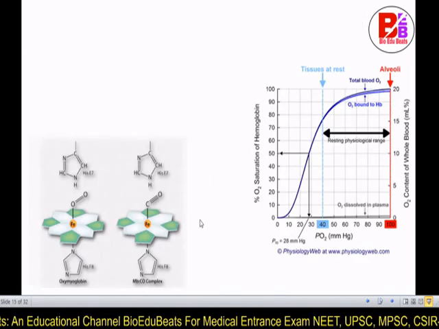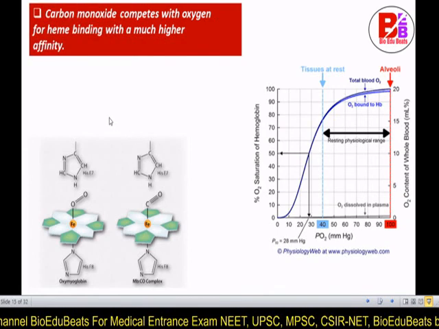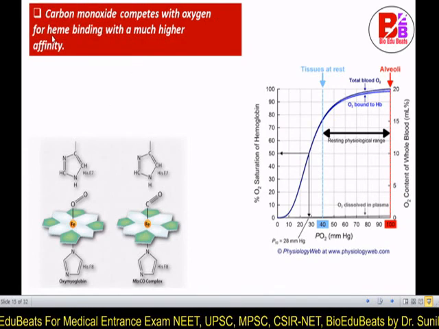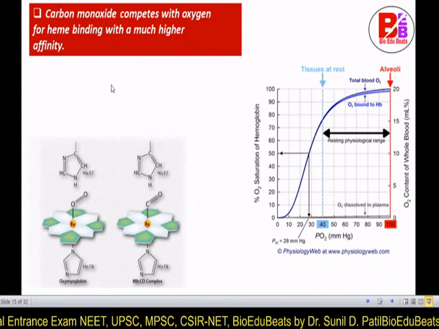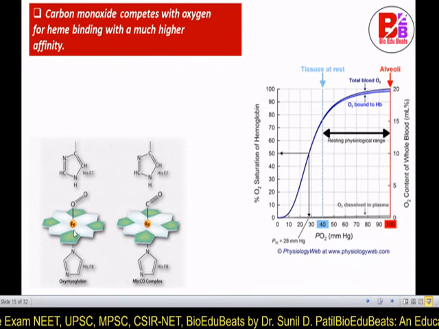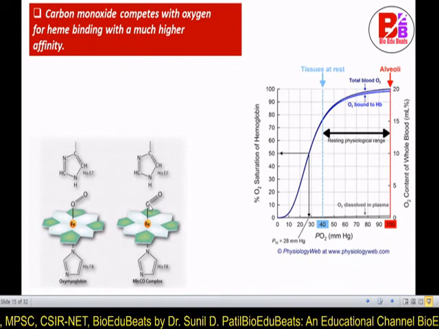So we have already seen this. Then another terminology: carbon monoxide competes with the oxygen for heme binding, meaning iron binding, with a much higher affinity. As oxygen binds with the iron or Fe, in the same way it is competed by the carbon monoxide.